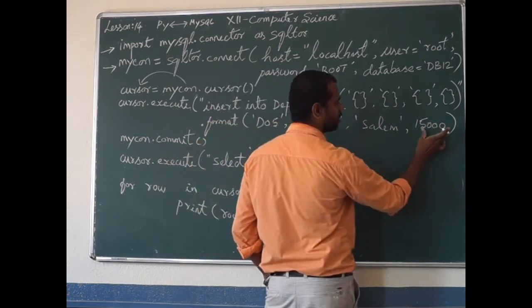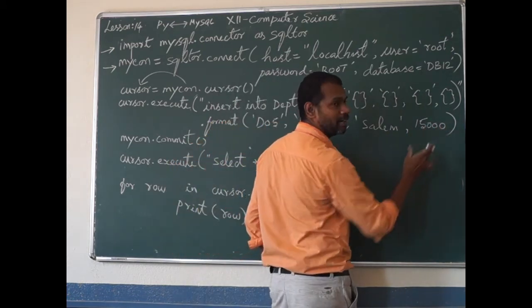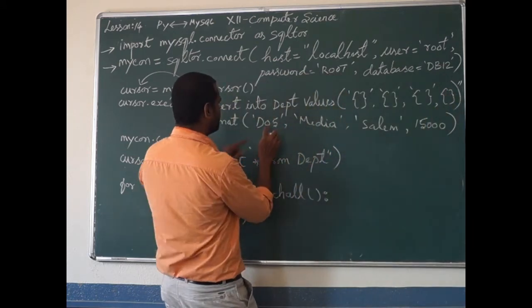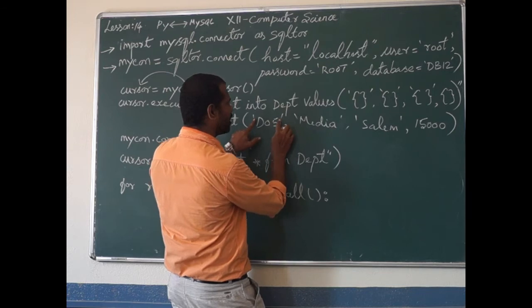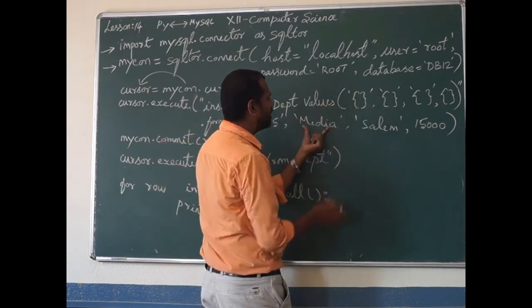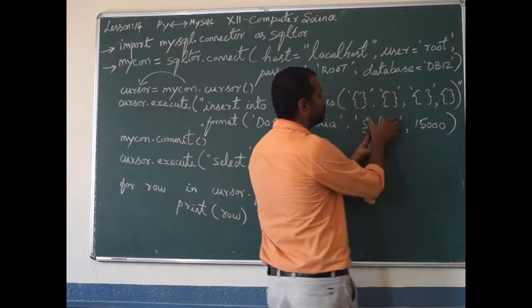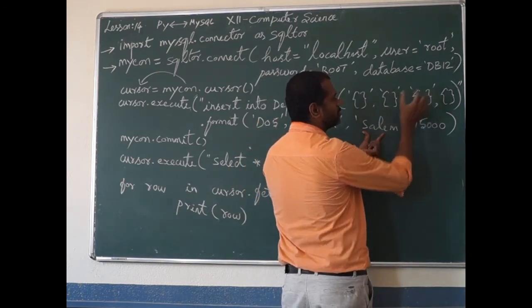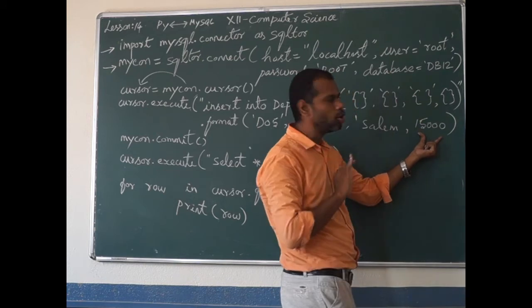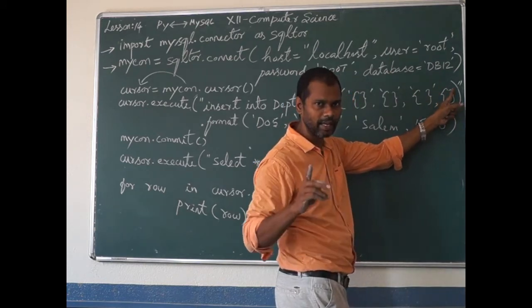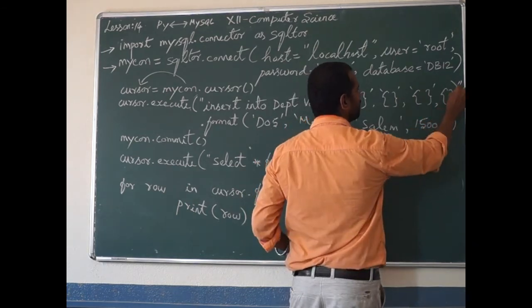For 15,000, it is a number, so no need of single quotes. The same for the other values, and for salary, which is a number, no single quotes. Clear? Okay. Then close the double quotation.